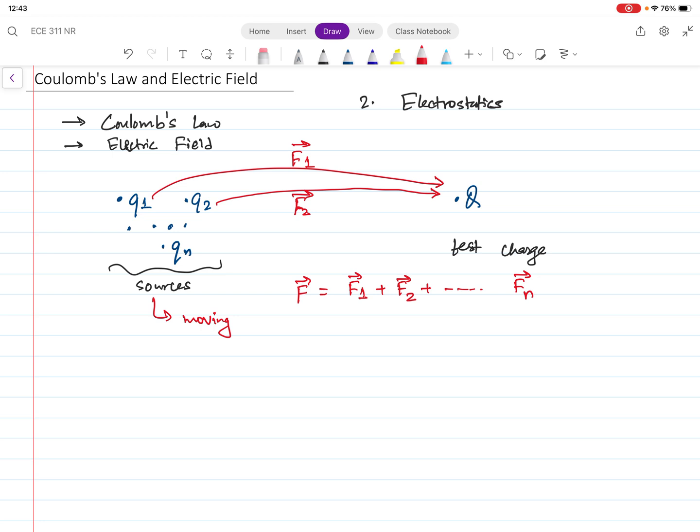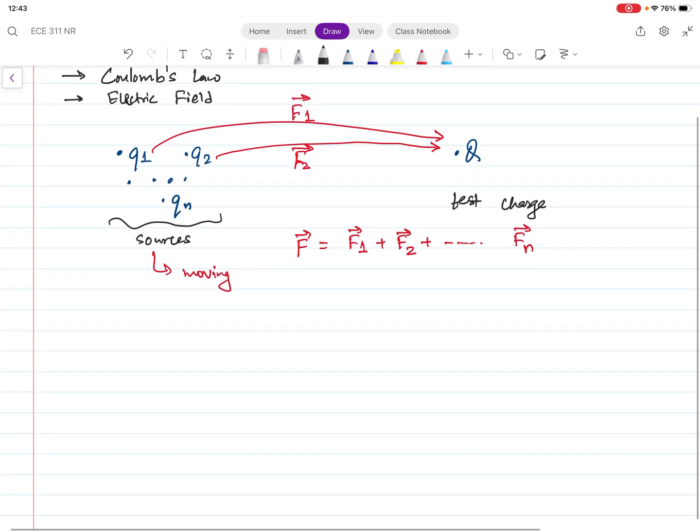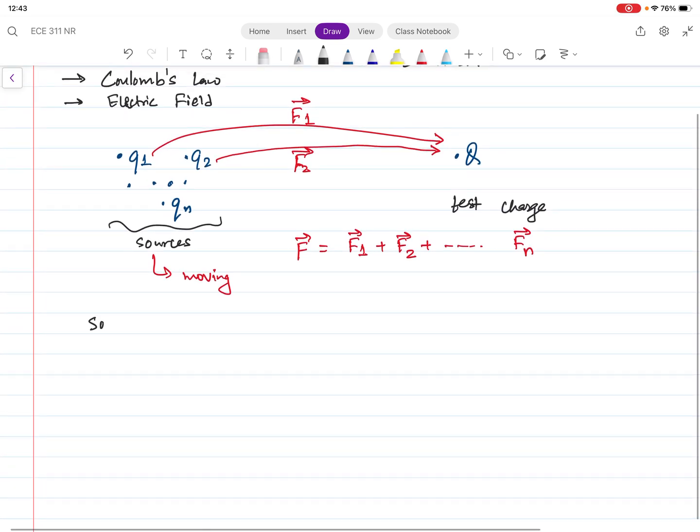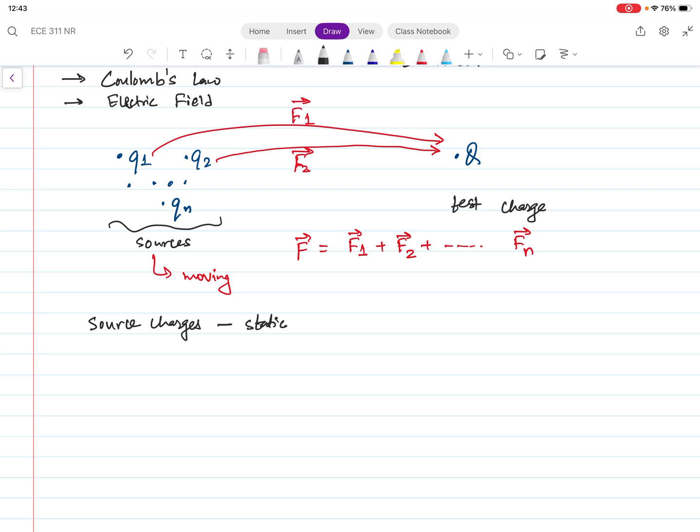And calculating this is not straightforward. Therefore, we begin with the simplest case, where all our source charges are static. However, our test charge can still move.